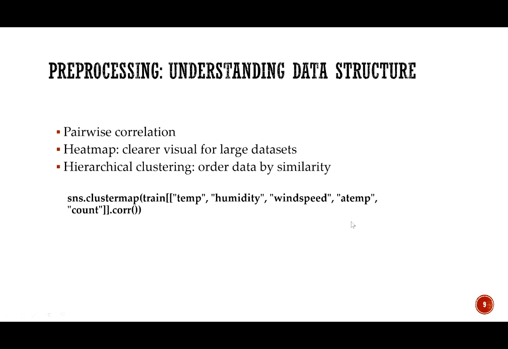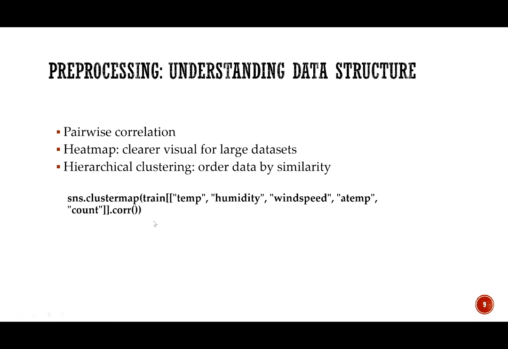So to understand data structure, we might want to look at pairwise correlation. So we want to know the correlations between each pair of variables, and we can look at a heat map to discuss a correlation, which provides a clearer visual for a large data set. Also, we can look at hierarchical clustering, which orders data by similarity. It's like a dendrogram.